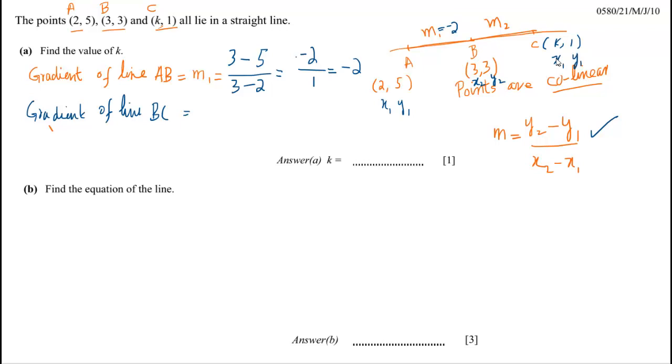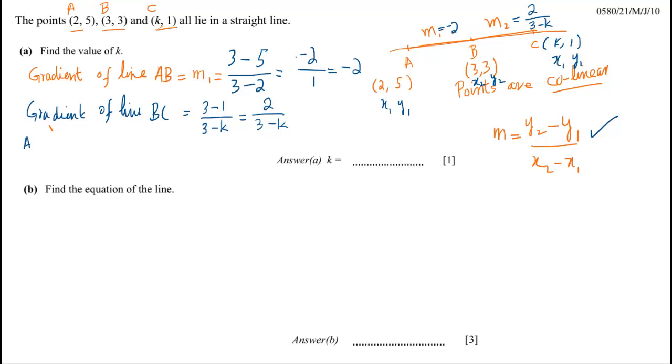Put this here. So y2 is 3, y1 is 1, and x2 is 3 minus, and x1 is k. So it is 2 over 3 minus k. So this M2 is 2 over 3 minus k.